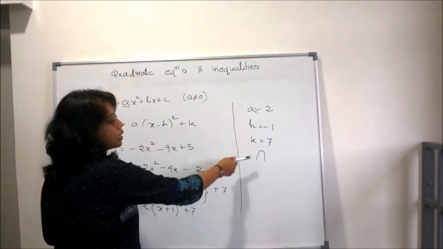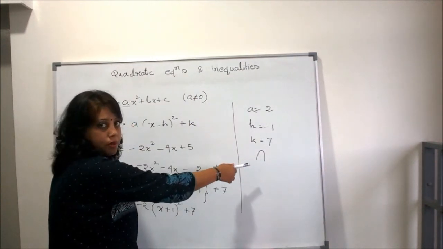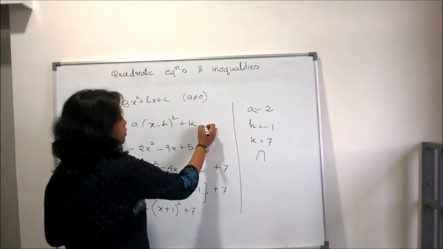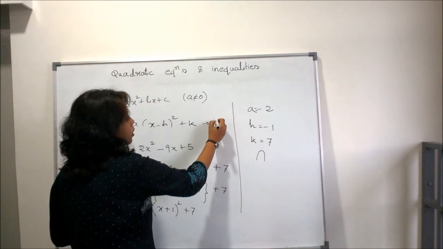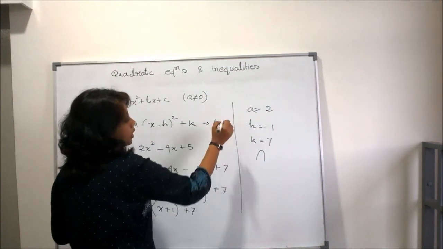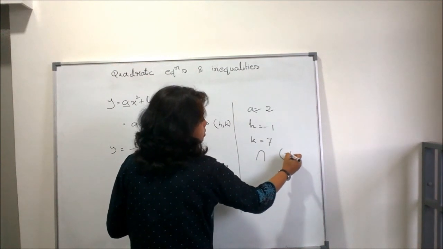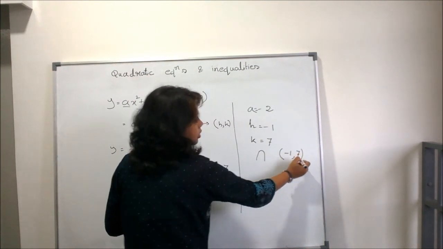So what will we get here, maximum point or minimum point? Maximum point. And which is the maximum point? From here, we know the maximum point is (h, k). So from here we get the maximum point (minus 1, 7).